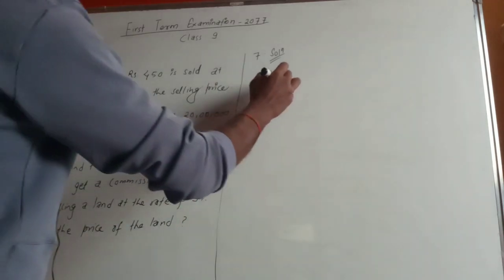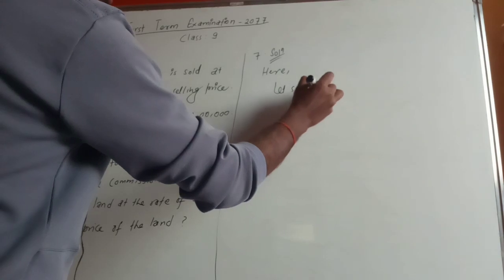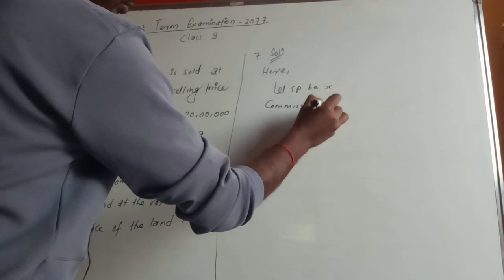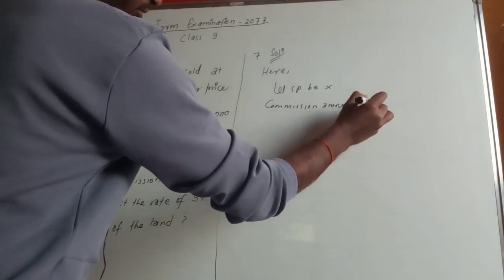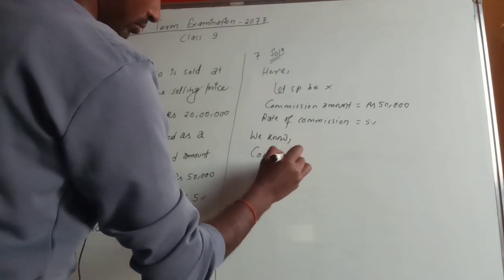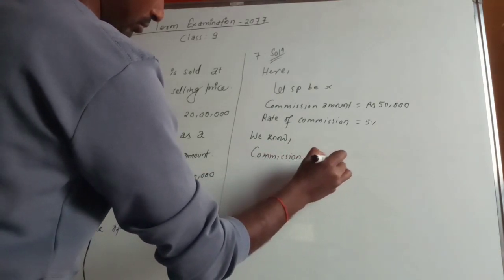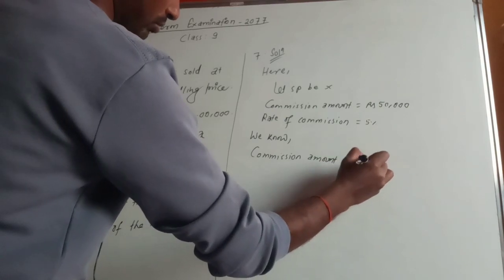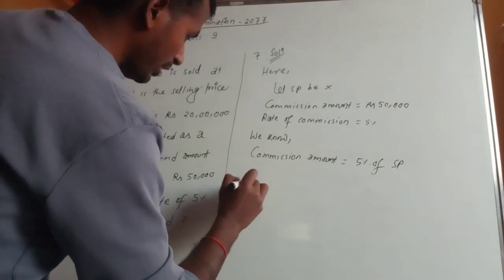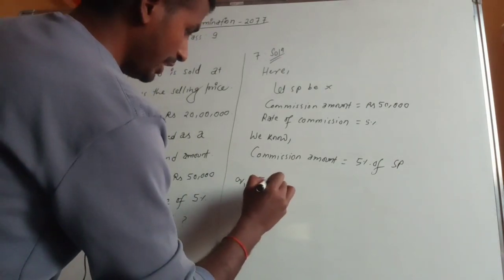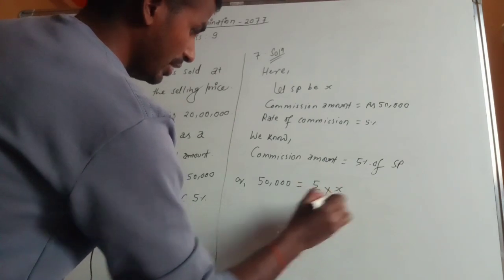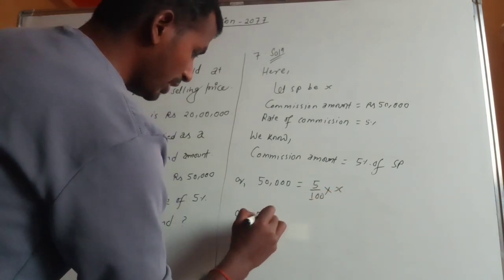That means let SP be X. Replace the value of commission amount, which is 50,000, equals 5 divided by 100 times X. Find the value of X by cross multiplication.